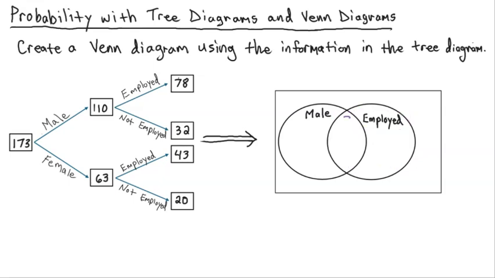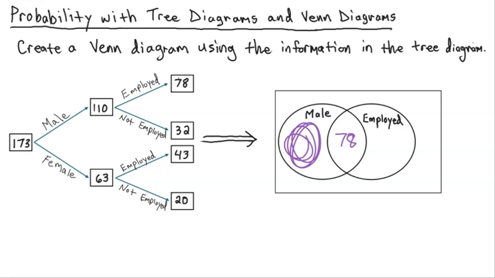And so this area in the middle where they overlap is where we're going to put those that are both male and employed. Here's male, here's employed, that's 78. So we're going to put a 78 in there, because that middle section represents everyone that is both male and employed.